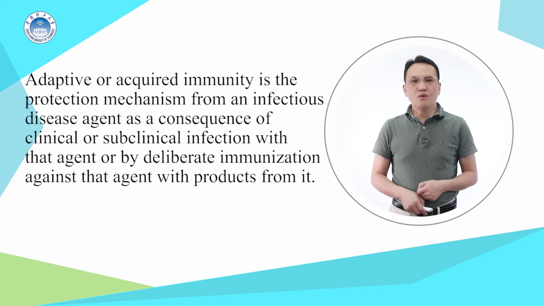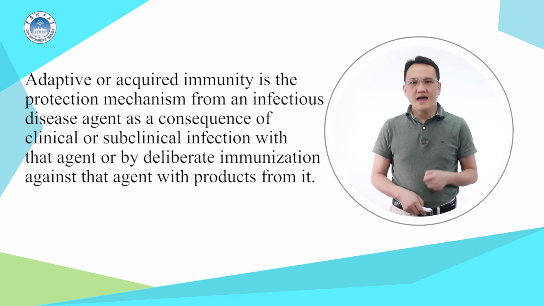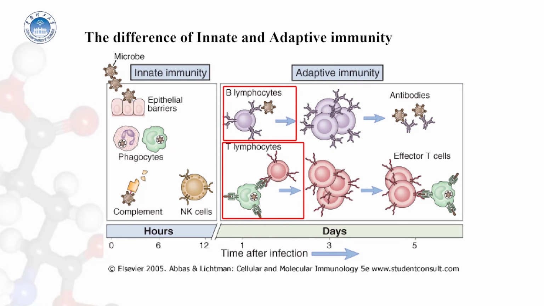Adaptive immunity or acquired immunity is the protection mechanism against an infectious disease agent, as a consequence of clinical or subclinical infection with that agent, or by deliberate immunization against that agent. This type of immunity is mediated by B or T cells following exposure to a specific antigen.